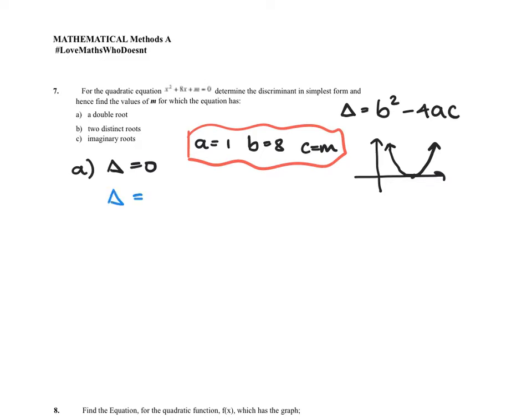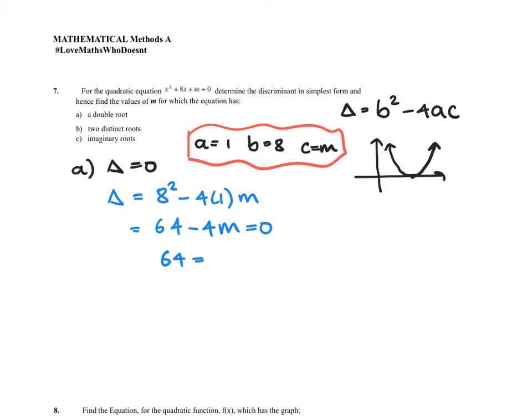The discriminant is equal to 8 to the power of 2 take away 4 times a, which is 1, times c, which is m. So this is equal to 64 take away 4m. And for a double root, this needs to be equal to 0. All we have to do now is solve it.